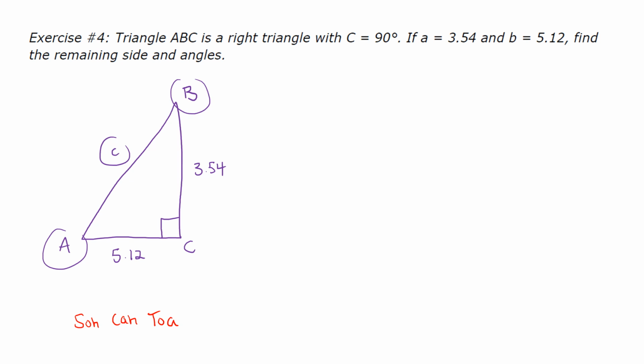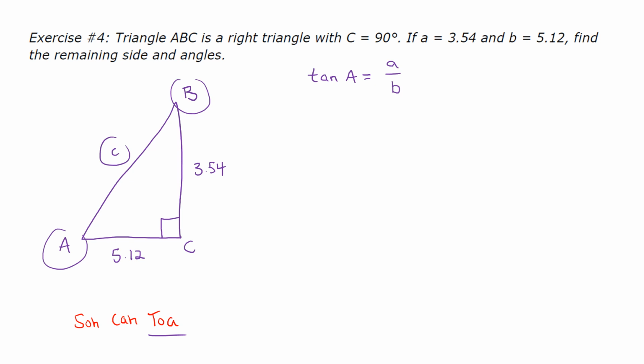Let's first start off with angle A. From angle A, we know that its opposite side is 3.54 and it's adjacent to 5.12. The trig function that can help us solve that is the tangent, because it deals with the opposite and the adjacent side. So the tan of A will equal lowercase a over b.